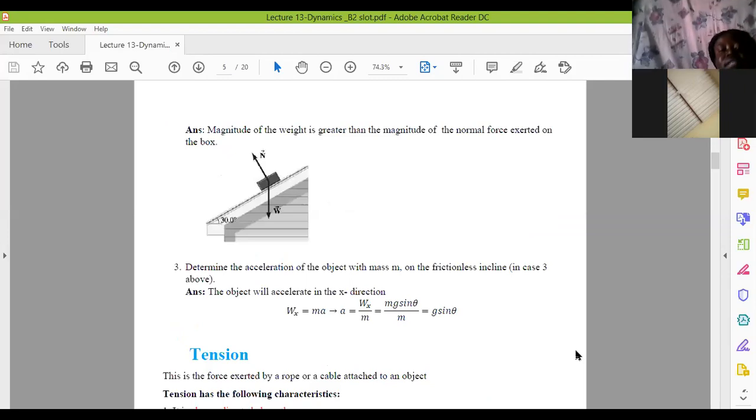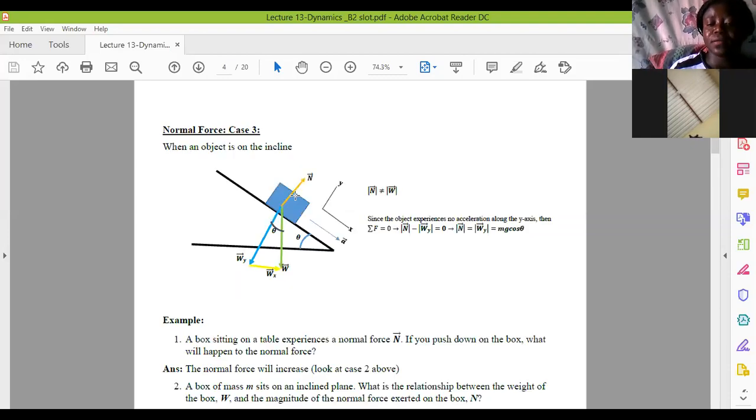Okay, so if you just look up also in that case, then you will see that this is just the same as what we were doing up there. So what is the relationship between the weight and the magnitude of the normal force?